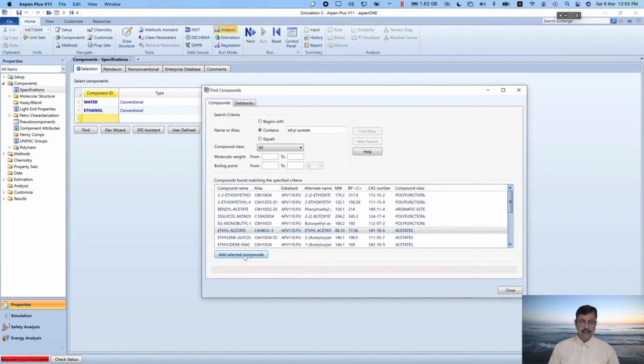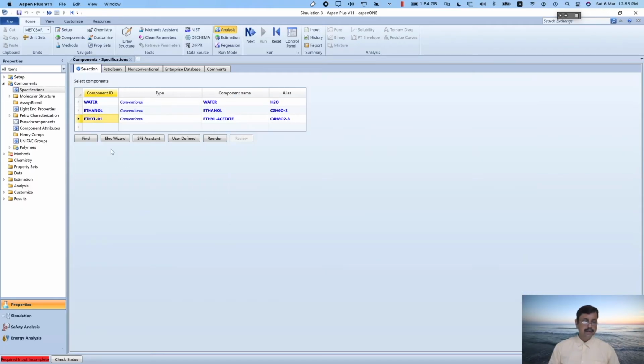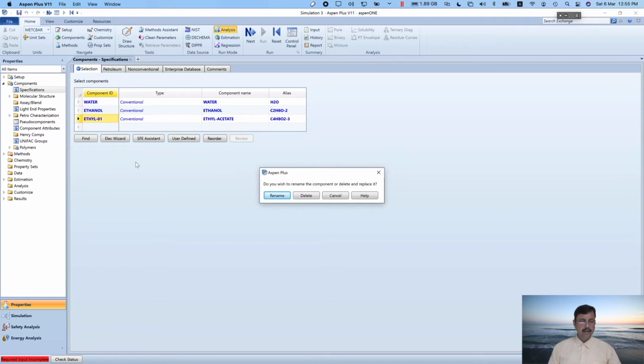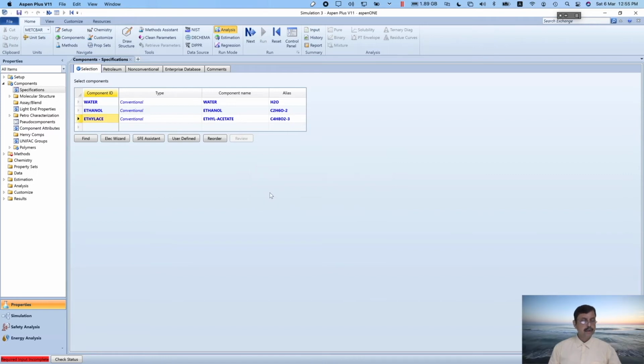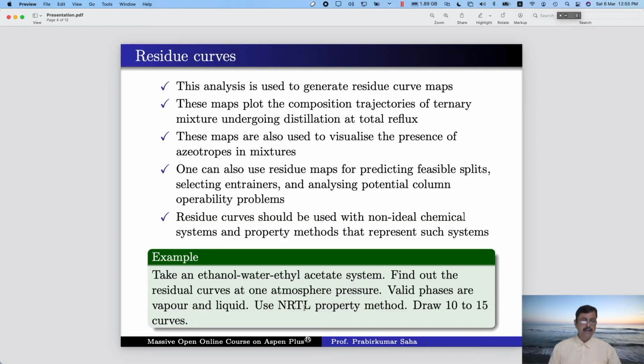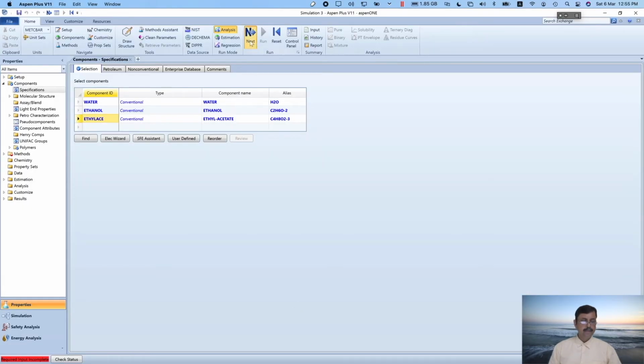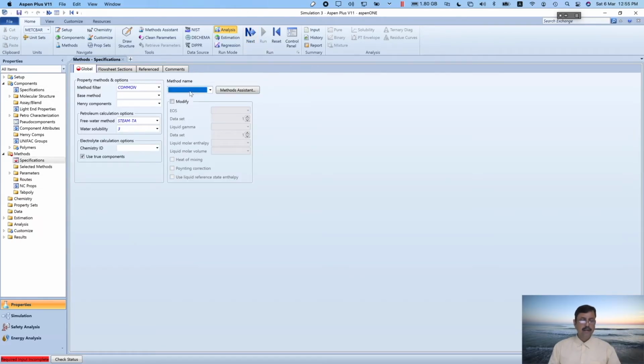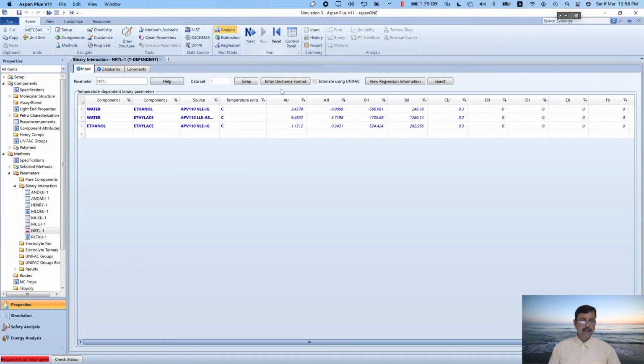So add the selected component. Let us rename it as ethyl acetate. Okay. So we are supposed to use the NRTL method. So place NRTL. Run next. Binary parameters to be calculated.